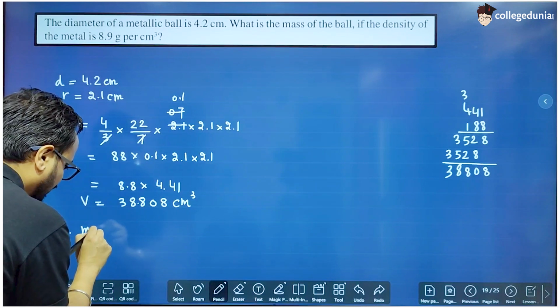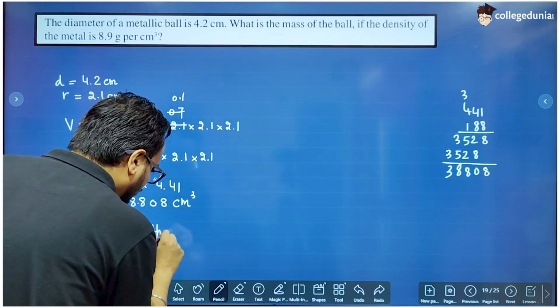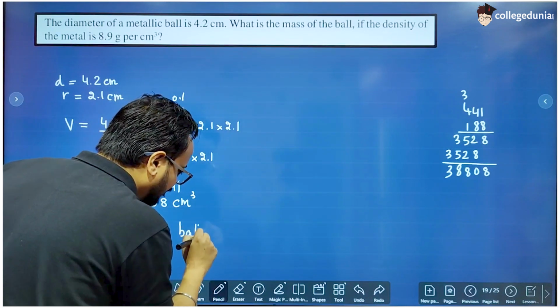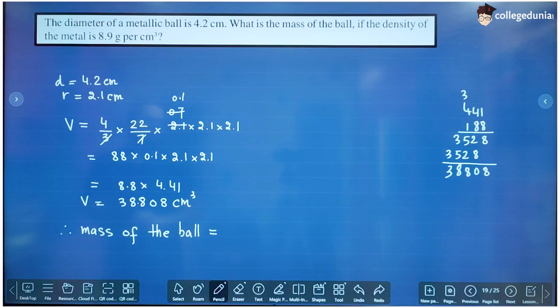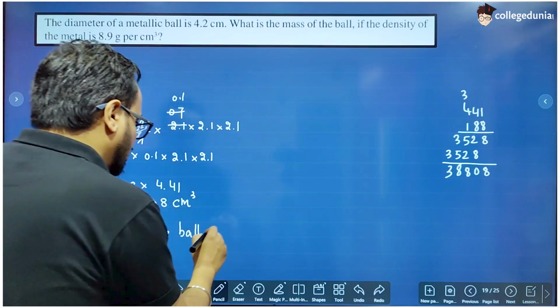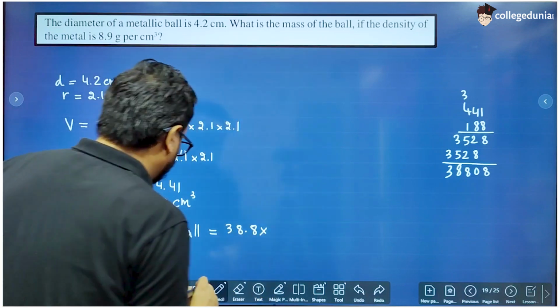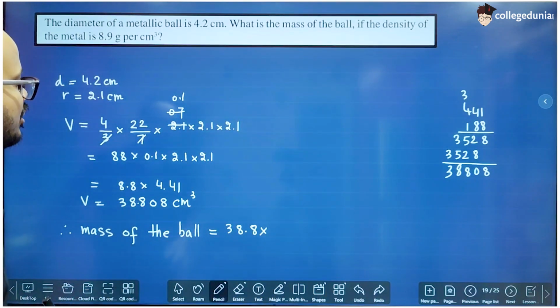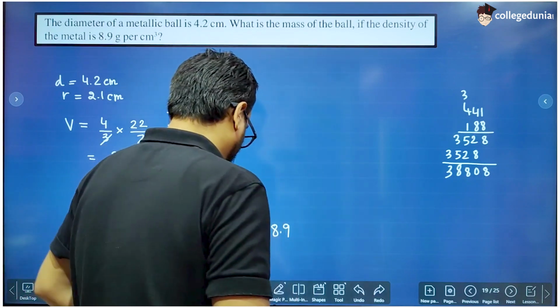Therefore, mass of the ball is volume times density, and density is 8.9. Now multiply this approximately. Let's take this 38.8 and we will multiply this by 8.9.